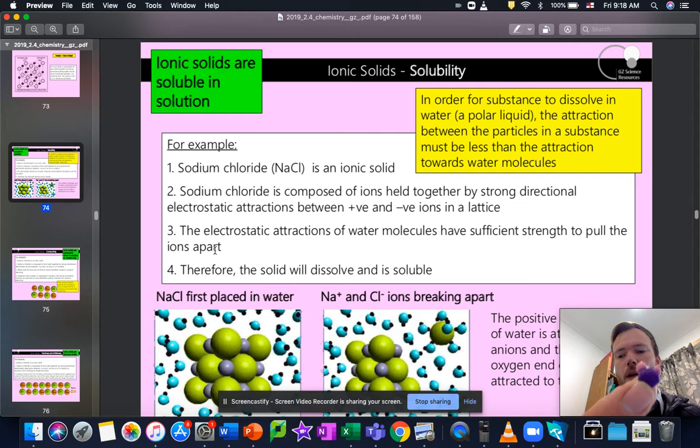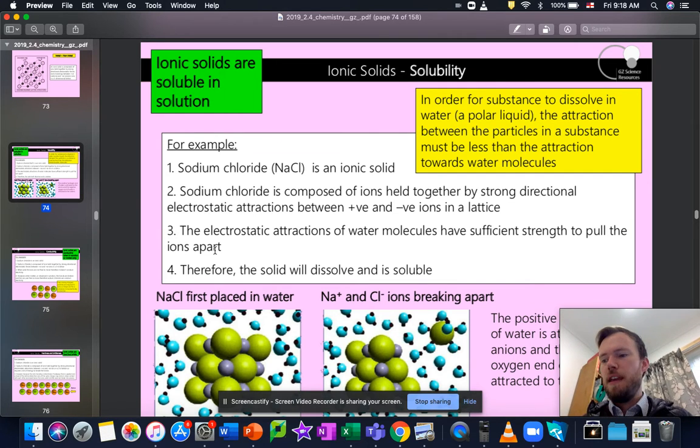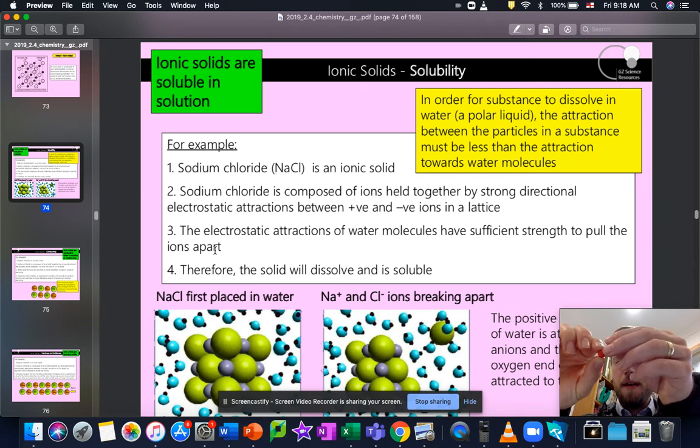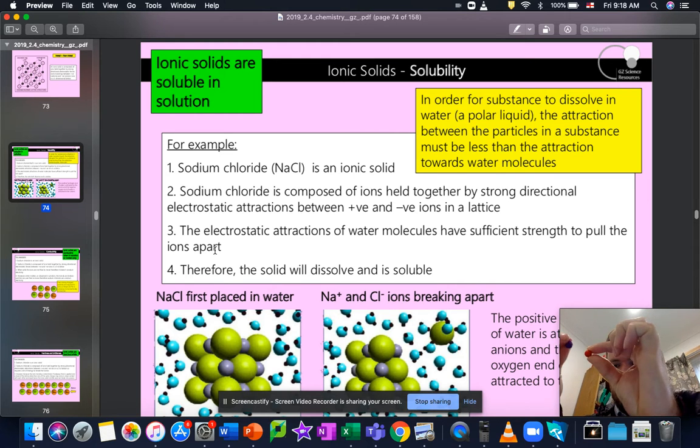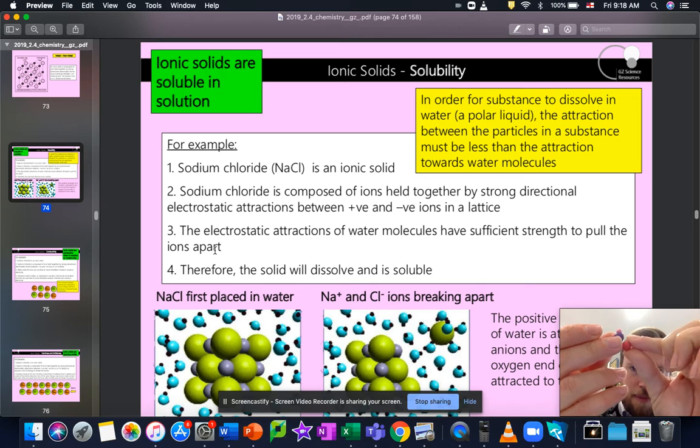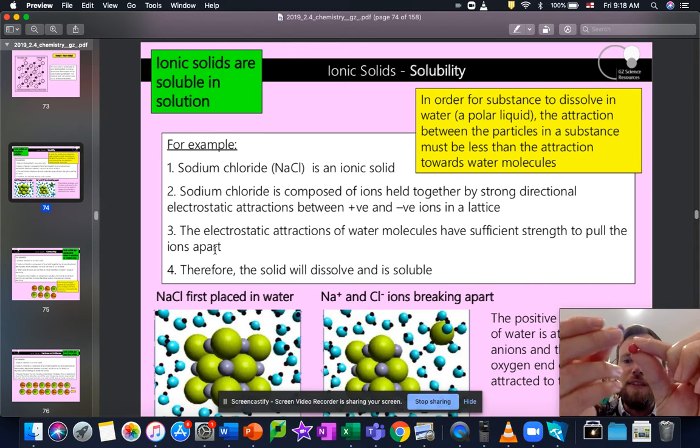So what happens when we have an ionic solid dissolved in water is that if I have my cation here, the negative side of the water is attracted to it, so we get our cation surrounded by a whole lot of negative sides of the oxygen.